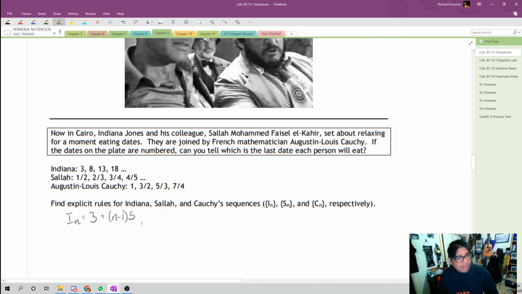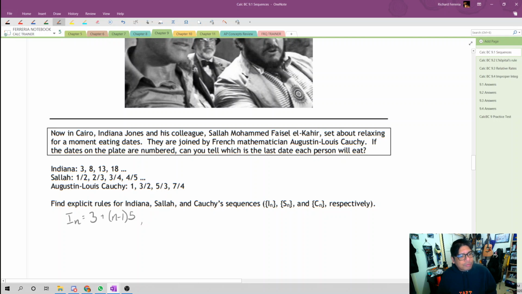Salah, we've got 1/2, 2/3, 3/4, and 4/5. And it doesn't look like the numerator and denominator are related to each other at all. So when that happens, I often take a look at the sequence of the numerator and then the sequence of the denominator.